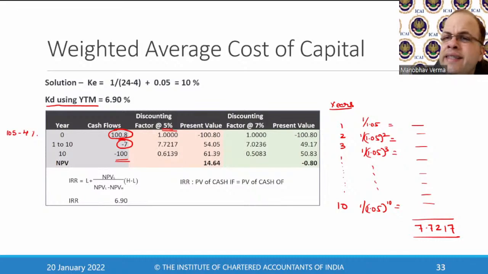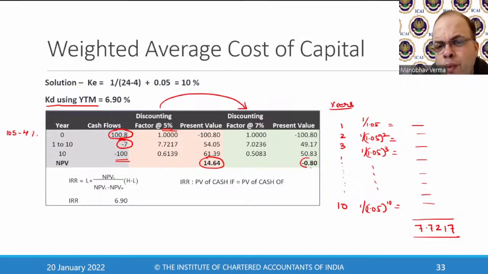So when I did this for 5%, I got a positive NPV. So that means my next discounting rate had to be a larger one. 7% we tried. So when we tried 7%, I got a negative 0.80, and applying this formula, I'm getting an IRR of 6.9%.